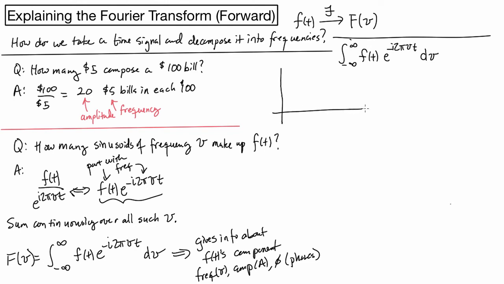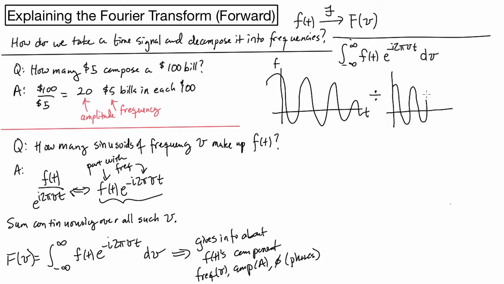I take an arbitrary signal f of t, and I decompose it, or maybe, given what we've talked about here, the better way to think of it is I divide it by a standard, let's say a 15 hertz frequency wave, and the result of that is the function F at 15.